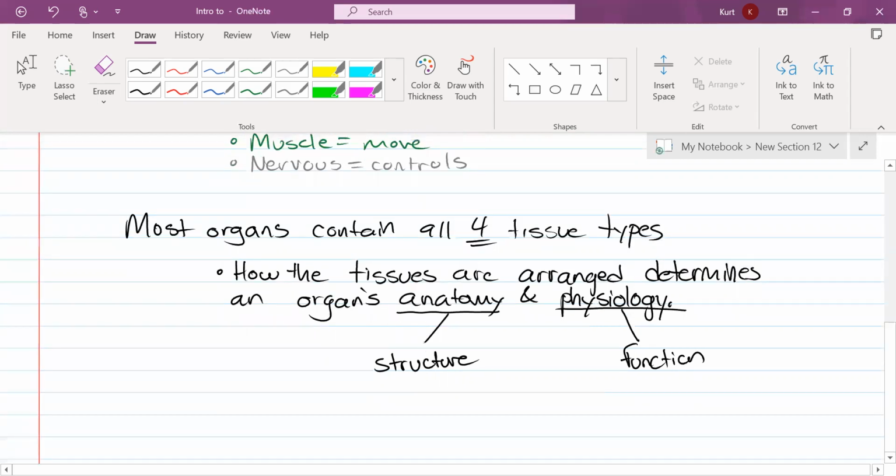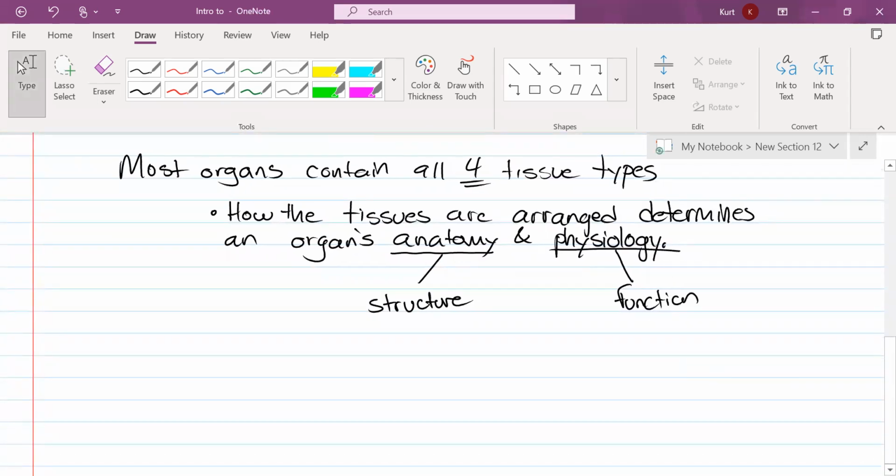All right, and now we're going to go just over an overview of what the 4 tissue types are. The first one, and we will begin this one on Monday, is epithelial. Epithelial tissue forms boundaries between different environments.